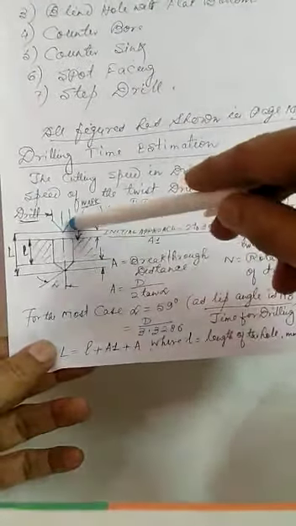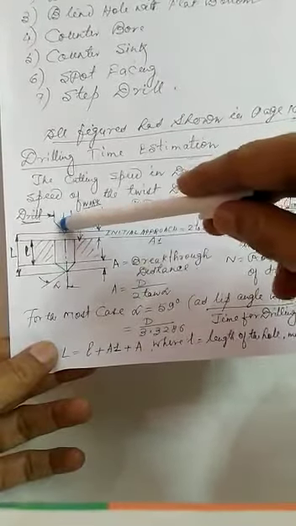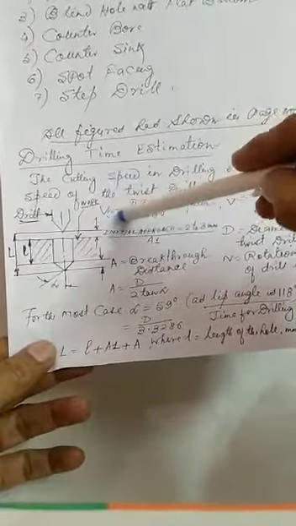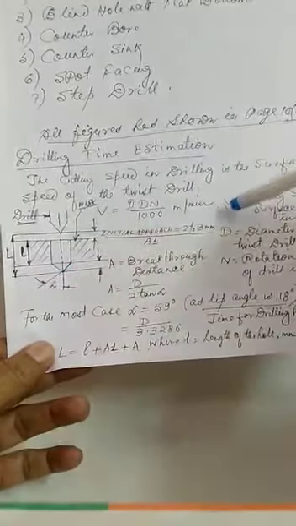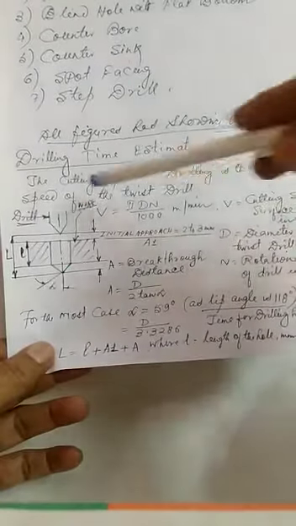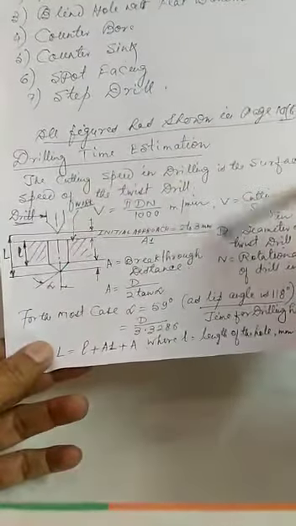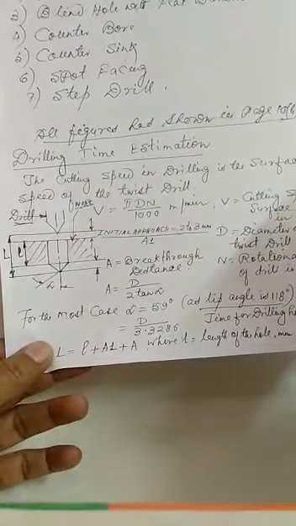So if the drill rotates at n RPM, then the cutting speed is V equal to pi D N by 1000 meter per minute, where V is the cutting speed, D is the diameter of the drill in millimeter, and N is the rotational speed of the drill in revolutions per minute.